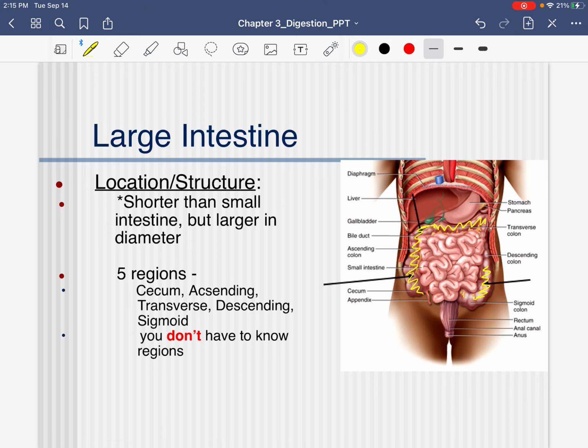Also, the small intestine is where we completed chemical digestion of all the nutrients, and that is where we absorb the nutrients. So by the time we get from the small intestine to the large intestine, which by the way happens over here, pretty much everything that we wanted to absorb has already been absorbed.